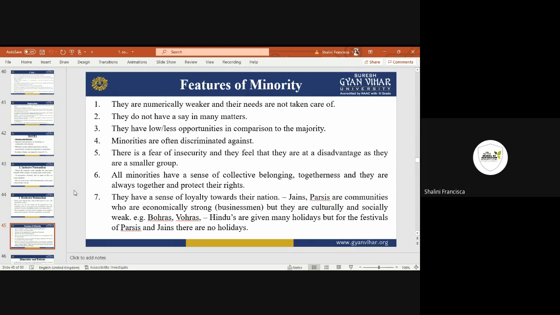I must give an example for this line, that is the NRC and CAA, for nationality approval in 2019. In that case, it was said for all Muslims, all Christians, all the minority religion people, that they should show whether they are citizens of India or not.